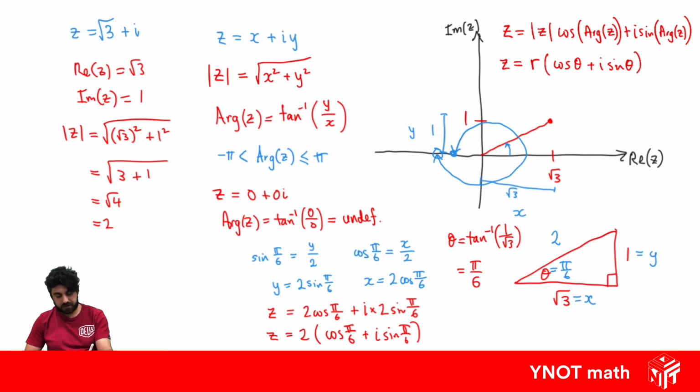We say that's r cis theta, where the c stands for the cos term, the I for the imaginary number I, and the s for the sine term.